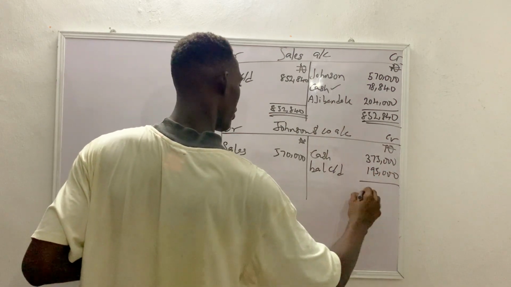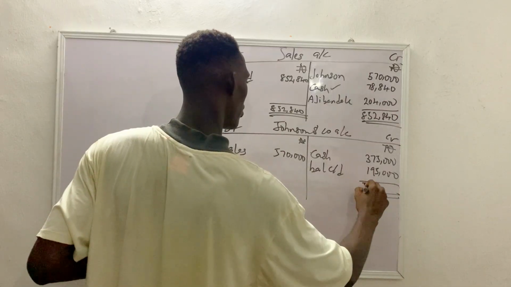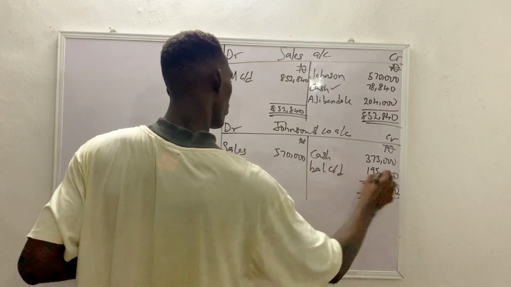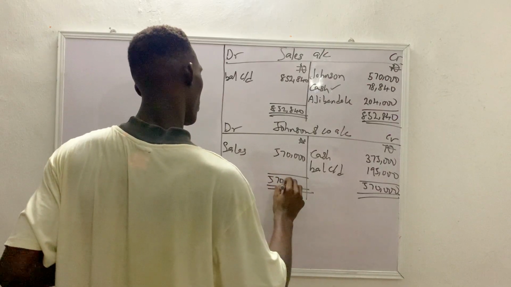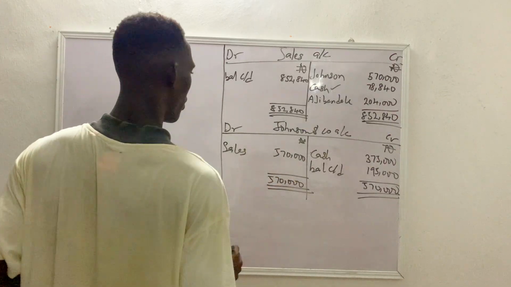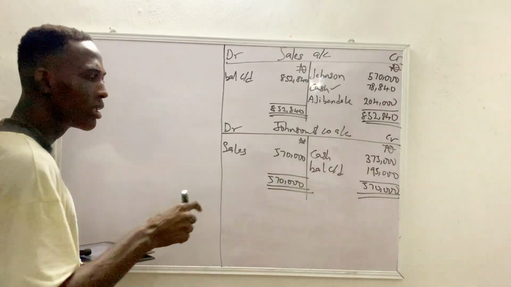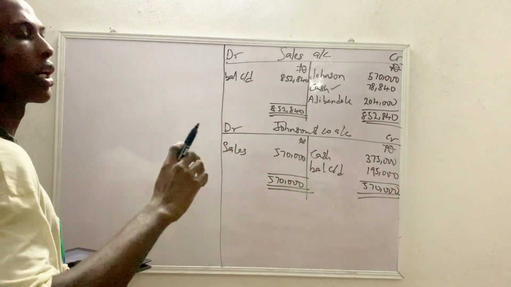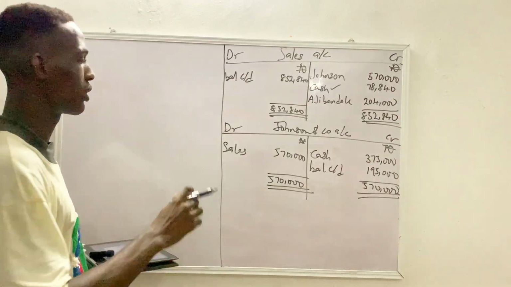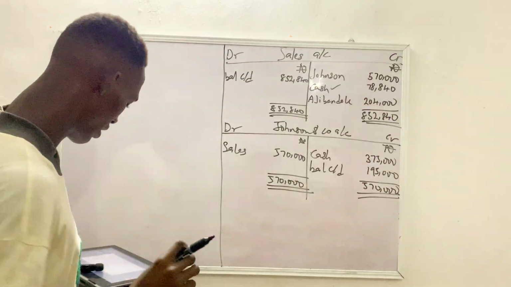So this will give us 570. Note, it is our balance carried down that we are going to transfer to our trial balance, not the total. So take note of that.